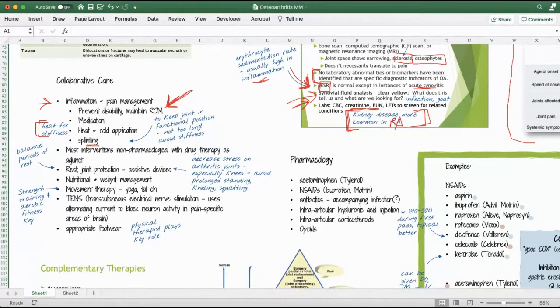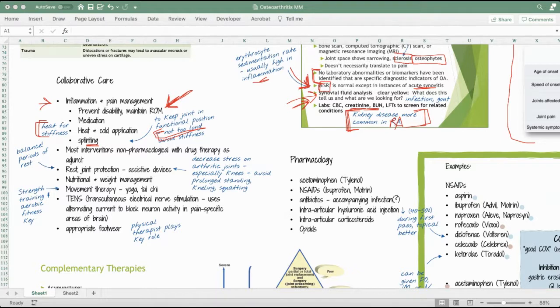This splinting here seems kind of like, why would we splint the joint? But it actually keeps the joint in a functional position to avoid it settling in a dysfunctional position. But again, we would never do that for too long, right?